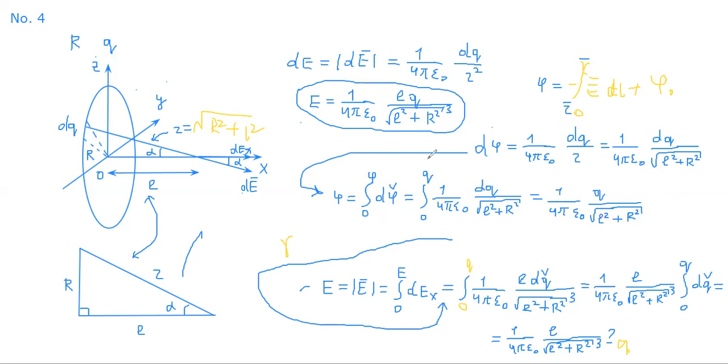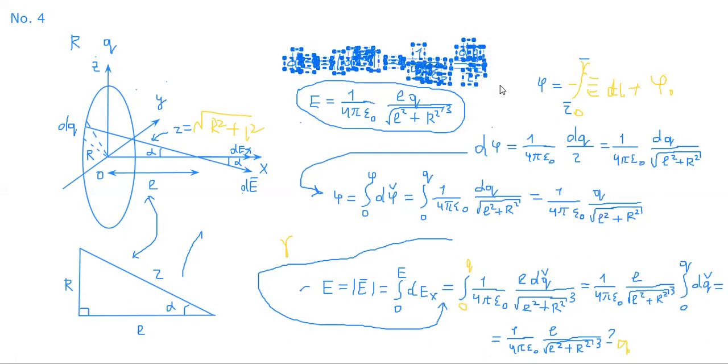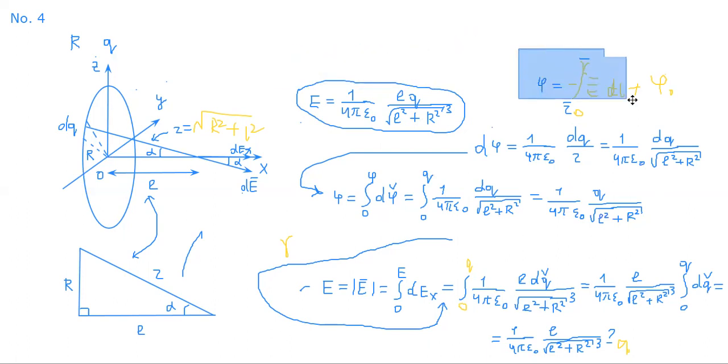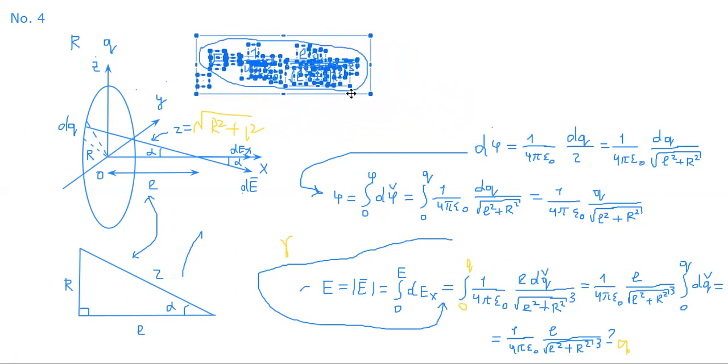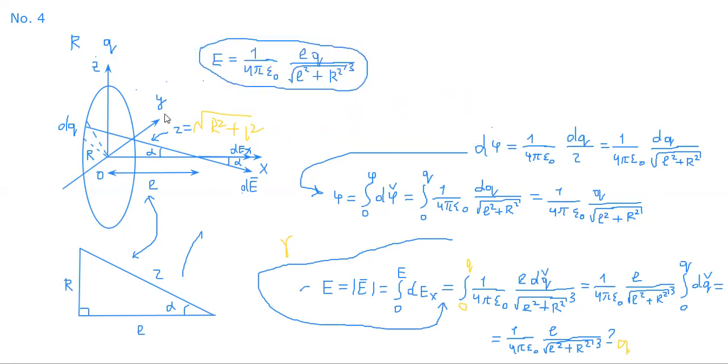Okay, that's great. So we have obtained electric field intensity and potential on the axis of the ring.